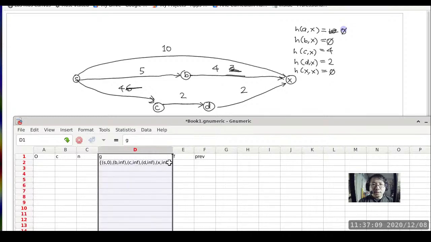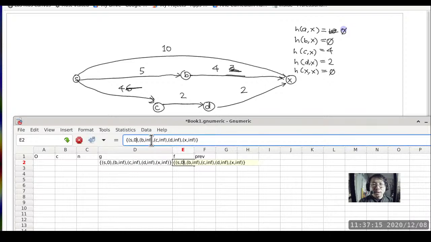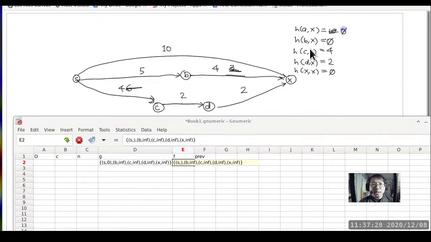F is kind of the same. So I'm just gonna copy and paste it, except that in the case of F, the F of S is not necessarily 0 because we have to add the heuristic value of the starting point to the destination, which in this case is 0. I chose it to be 0.